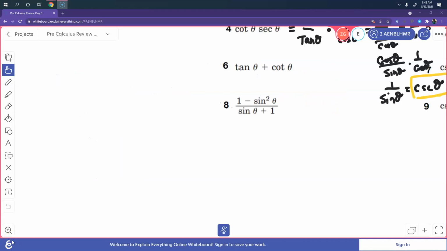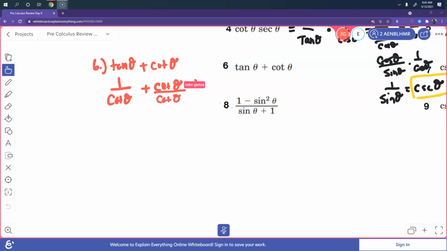To simplify this, I'm going to change number 6 into cotangent. So please follow my logic. Tangent of theta is 1 over cotangent theta plus cotangent theta. I want a common denominator. So to find a common denominator, I need cotangent theta right there.